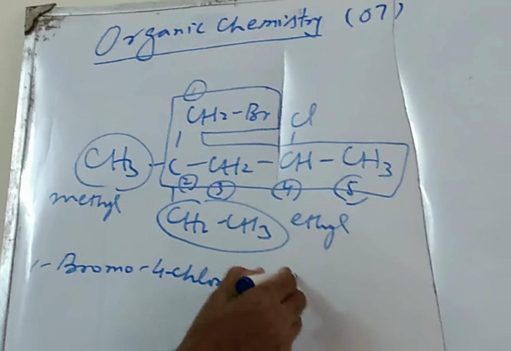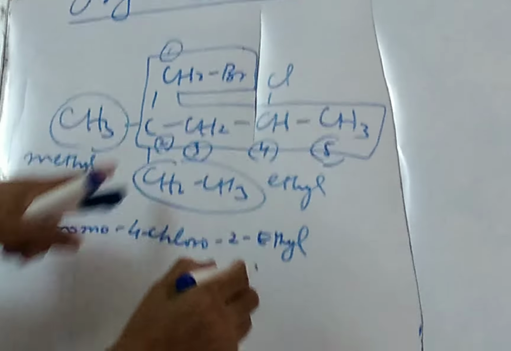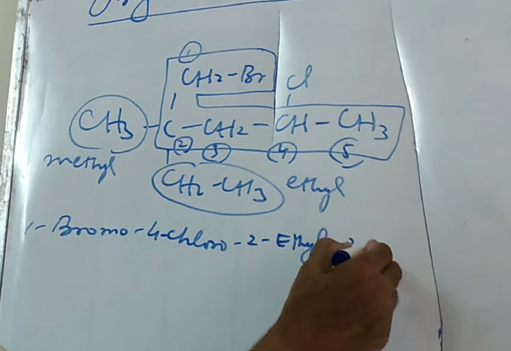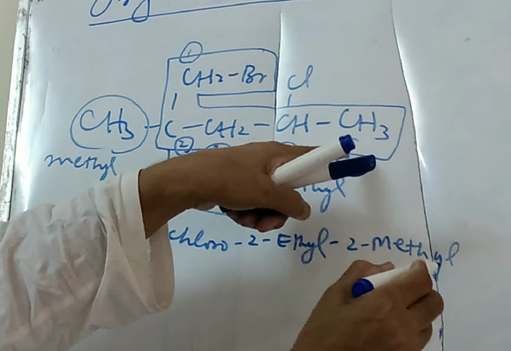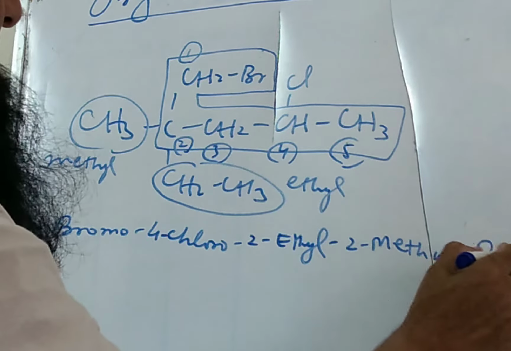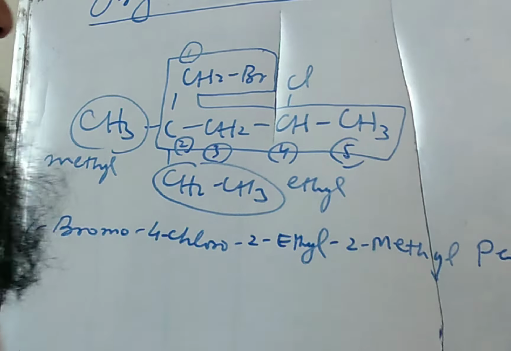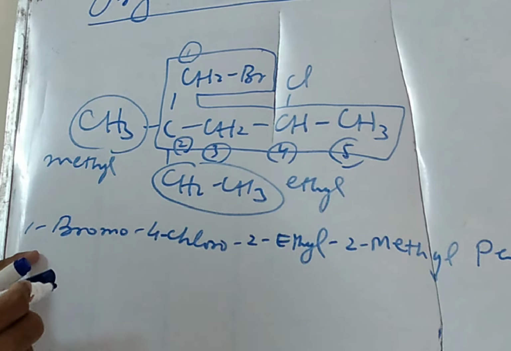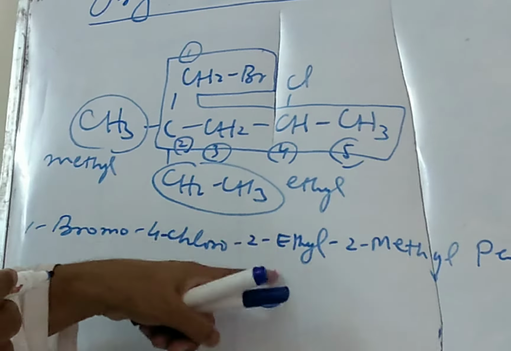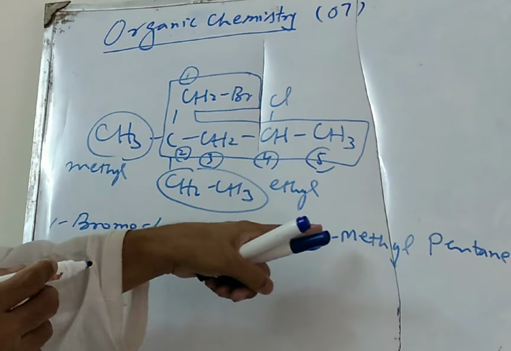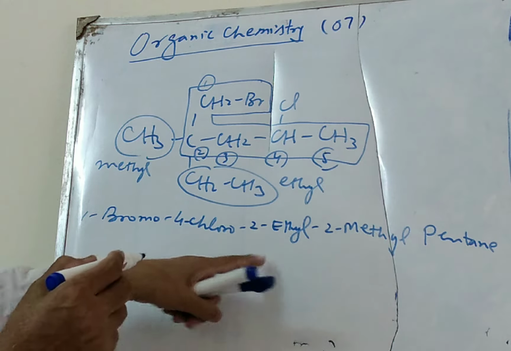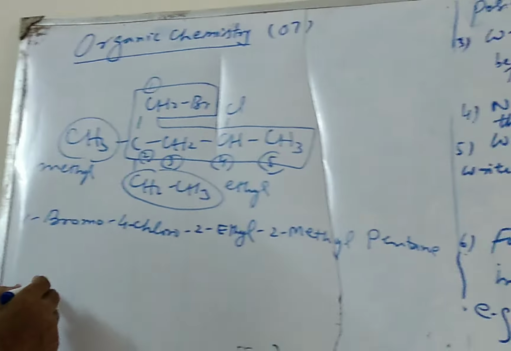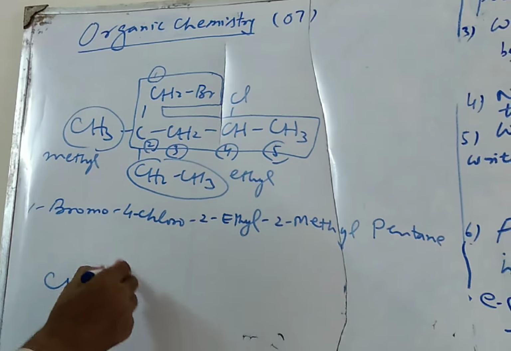So this is the 2-ethyl, and then the 2-methyl, and then the parent chain is the 5, that is the pentane. So we can say 1-bromo, 4-chloro, 2-ethyl, 2-methyl, and then the pentane. This name is the same as the alkane family.